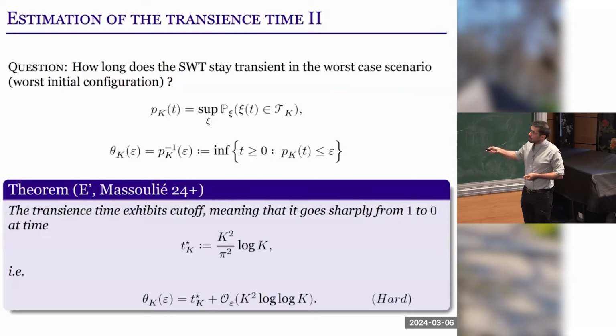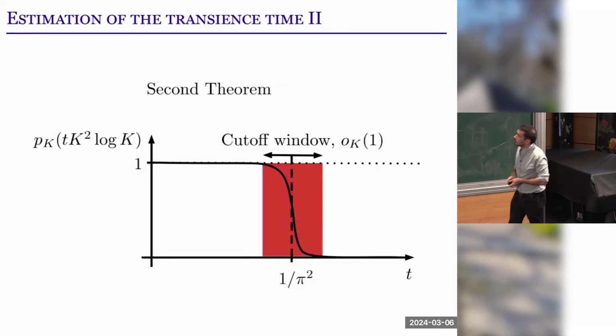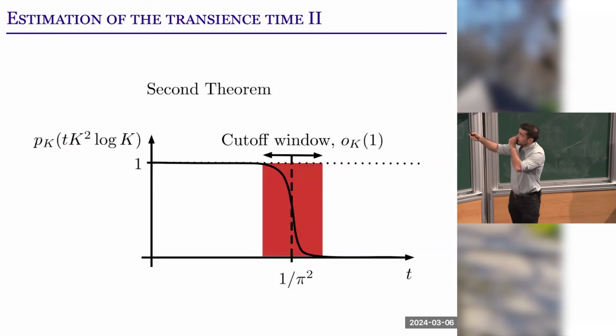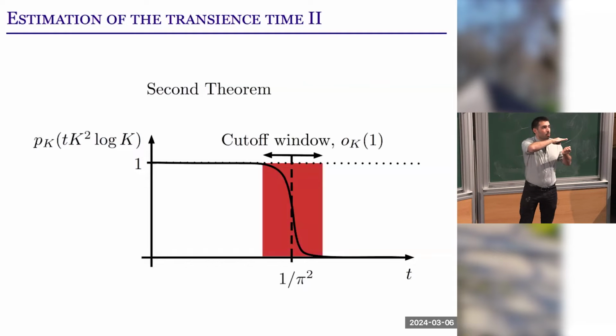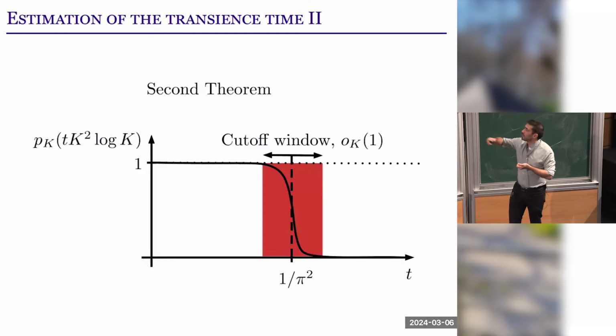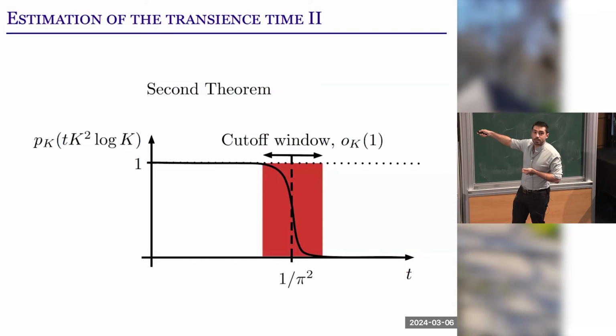So what this means is that the worst-case probability that the Sep-Witz trap is still transient at time t goes through a very sharp transition, where it's going to be 1, 1, 1, 1, 1 up to a time which is essentially k square log k divided by pi square.